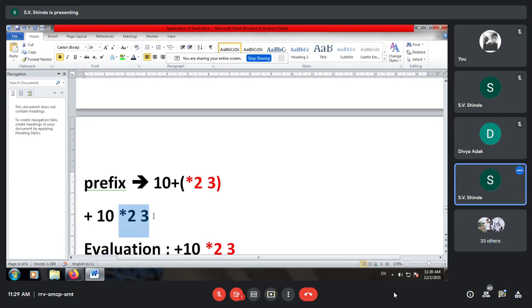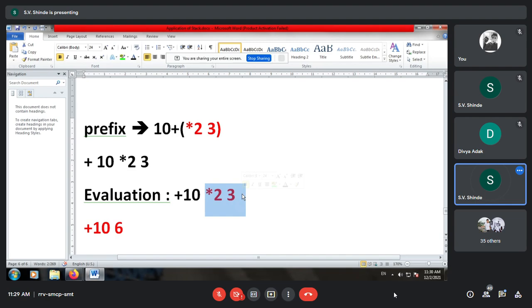Now let us see how the computation works. In prefix notation, it finds the highest priority first, that is multiplication, and it evaluates 2 into 3 first, which is 6. So the answer is placed as 6.